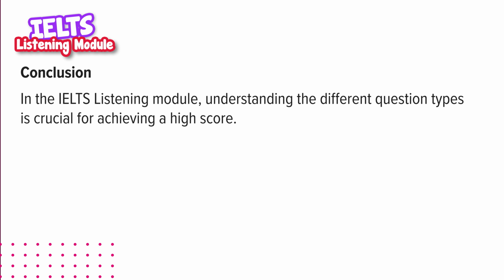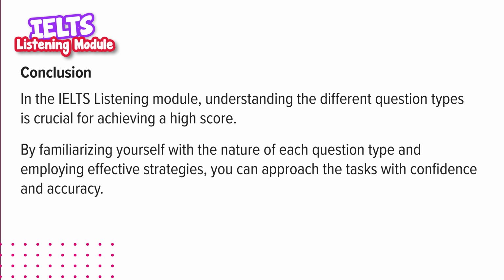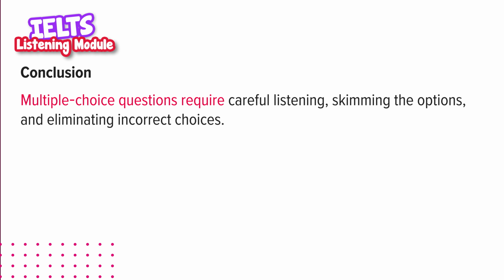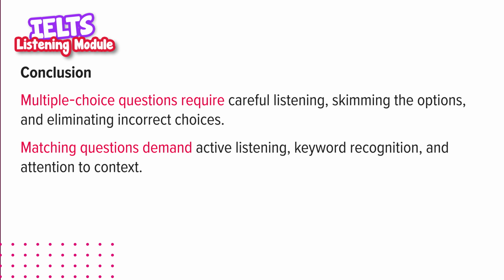In the listening module, understanding the different question types is crucial for achieving a high score. By familiarizing yourself with the nature of each question type and employing effective strategies, you can approach the tasks with confidence and accuracy. Multiple choice questions require careful listening, skimming the options, and eliminating incorrect choices. Matching questions demand active listening, keyword recognition, and attention to context.